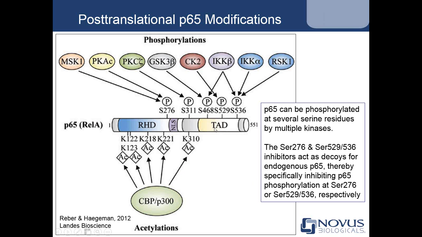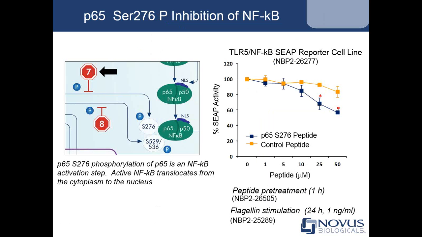So you can imagine if you are just stopping one of these, it may not stop the entire response, or depending on your model system, it may not stop the response at all because your model system may not utilize that particular phosphorylation site. So it's very important to research and know something about the model system which is being used, and also when interpreting your data and wondering why the response is more or less depending on your model system.